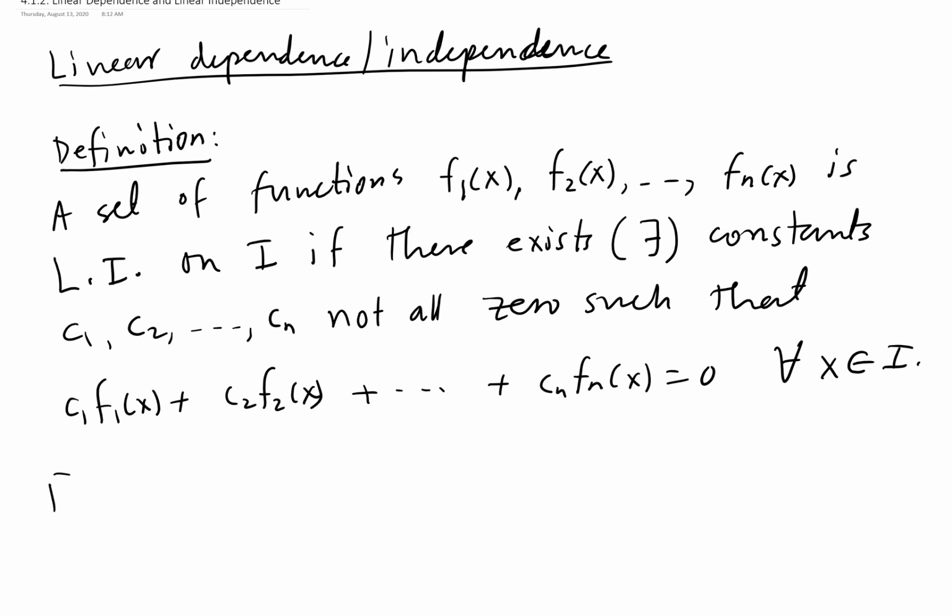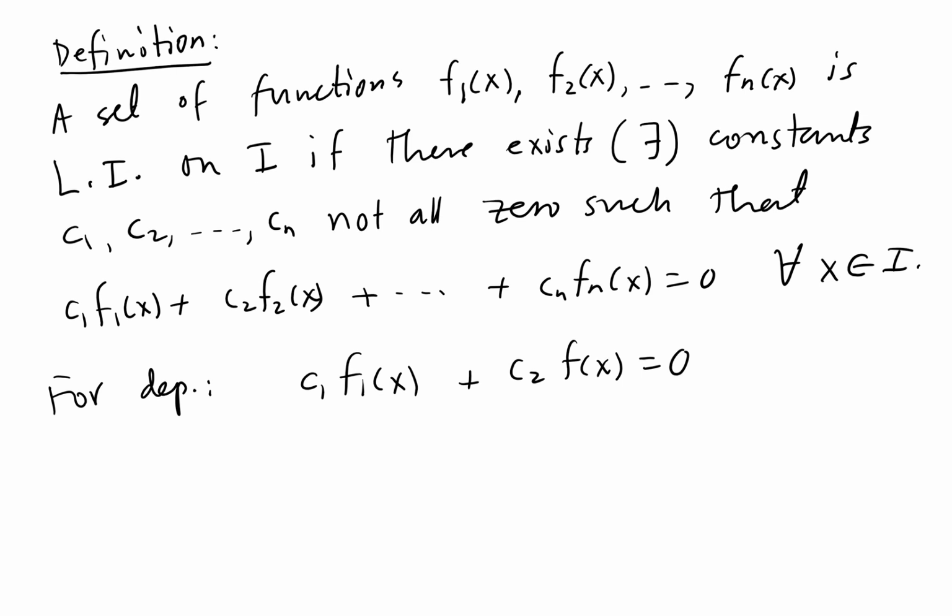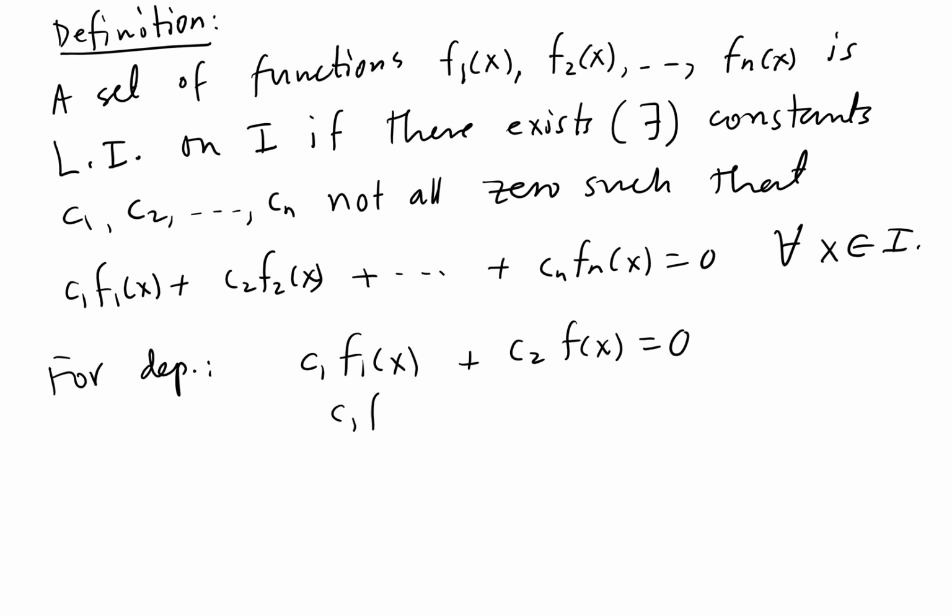So let's say for dependent, what happens? For dependent, just for two functions, say this equals 0, then we can solve for one of them.